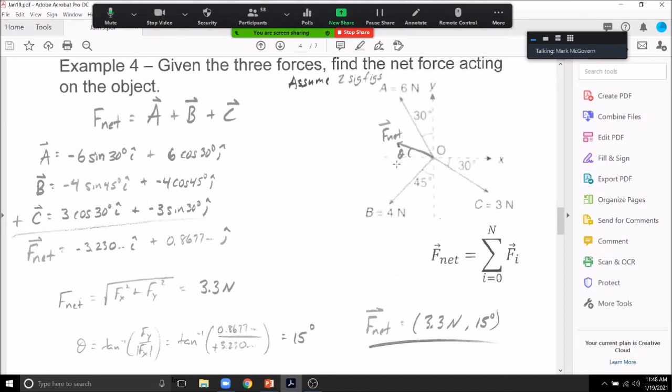So ultimately, my answer here is 3.3 newtons at 15 degrees. So these three vectors that were given to me in magnitude-direction format, I added them together algebraically, turned them back into a resultant vector, and apparently these three vectors act together as if they're a single vector, which is this vector right down here.